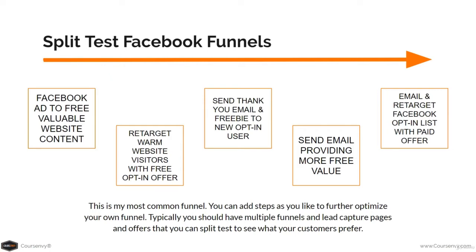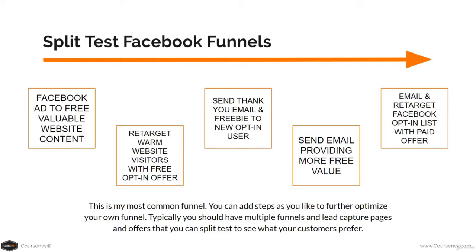Next, I will retarget this warm website visitor audience with a free opt-in offer, like my free course. Then I'll send the thank you email along with that free item to this new opted-in user. Then I'll set up a drip email campaign that provides further free value, such as another blog post, another video.